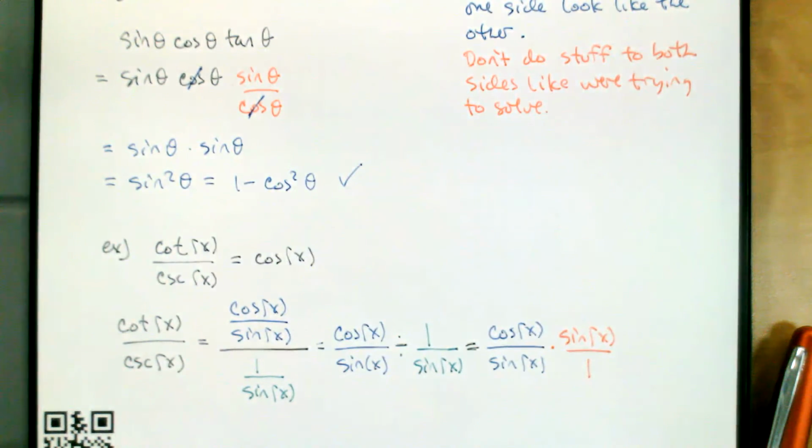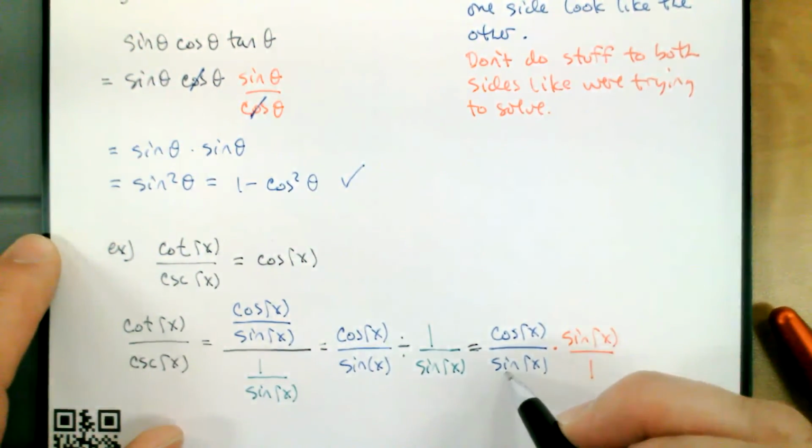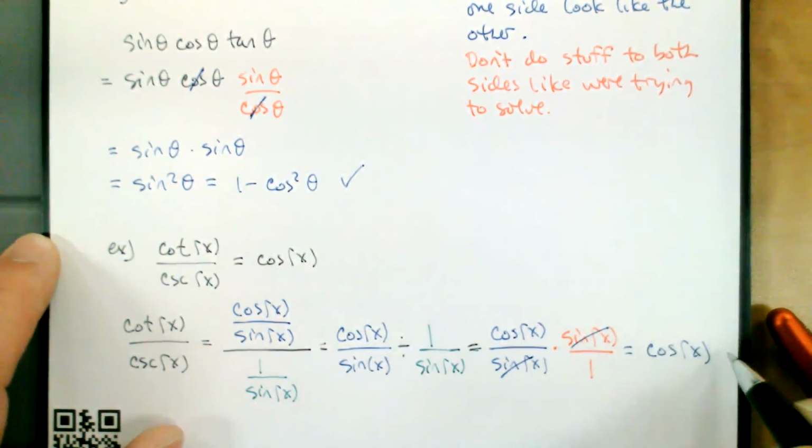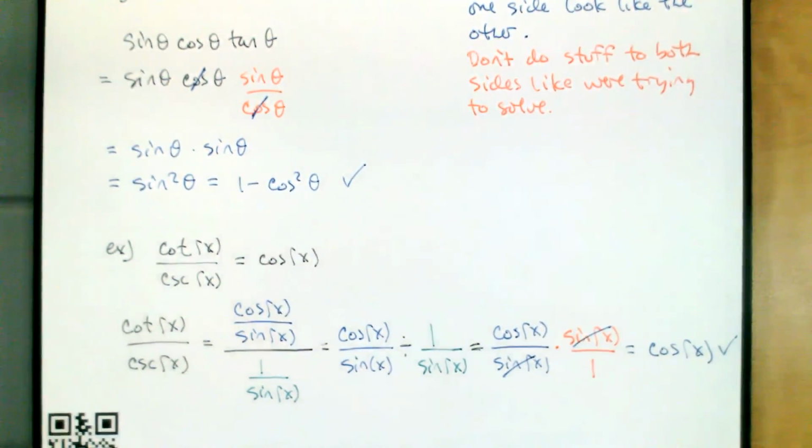And now we can see that the sines are going to cancel and leave behind a cosine x, just like we planned. Or just like we were hoping for. So here are two examples of the strategy of replace everything with sines and cosines.